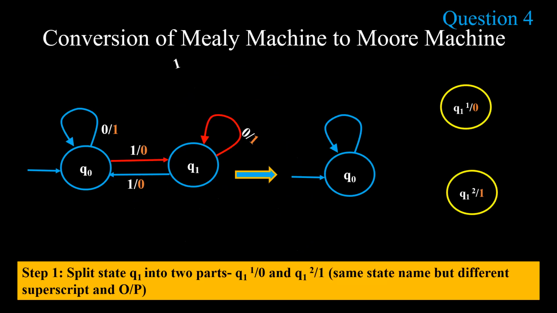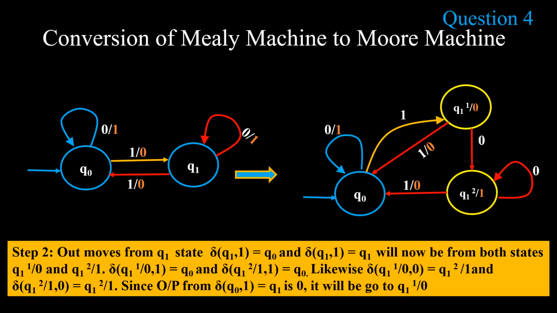First step will be to split this Q1 into two parts, Q11 and Q12. Second step is consider both the out moves. Initially we had only two, now we will have four. This is how things will move around, similar to what we have covered in the earlier questions.